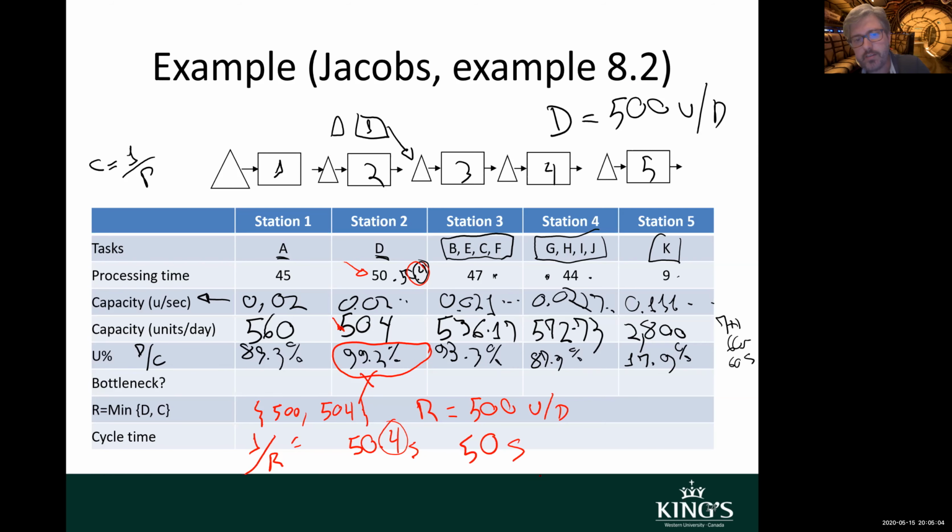So 50 seconds, this would be my ideal cycle time. This is the closest I can get to balance my assembly line given the takt time or the demand that I had before.